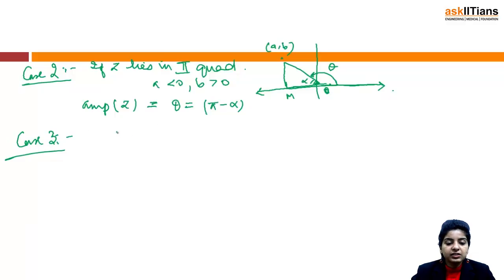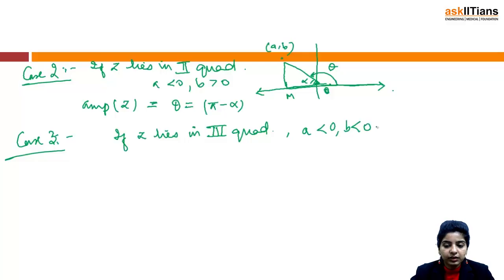Now case 3 is z lies in the third quadrant. Third quadrant means a is negative and b is also negative. So the situation would be somewhat like this. My AB is somewhere here and therefore this is alpha and my theta would be this.